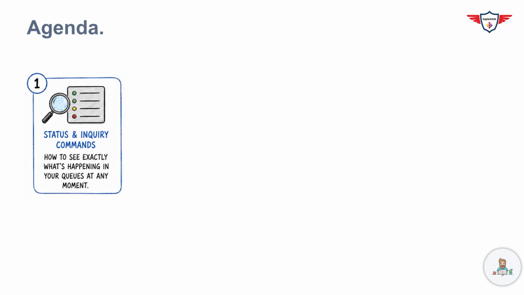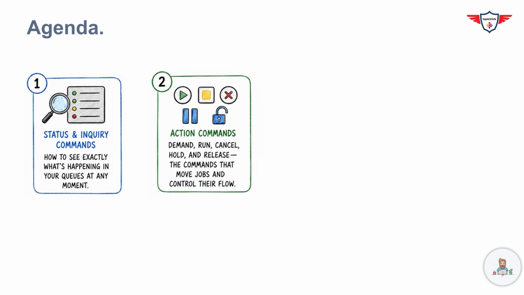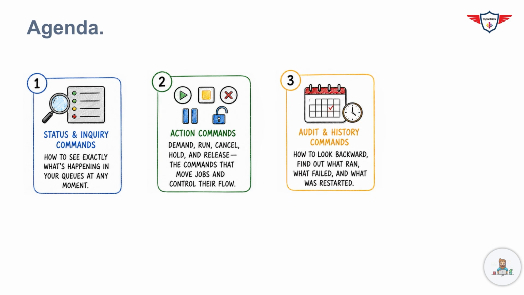So here's a brief summary of all the different commands we're going to discuss in this video. The very first thing is the status and inquiry commands. These commands will help you understand what is happening in your queues at any moment. The second one is the action commands, for example, demand, run, cancel, hold, and release.